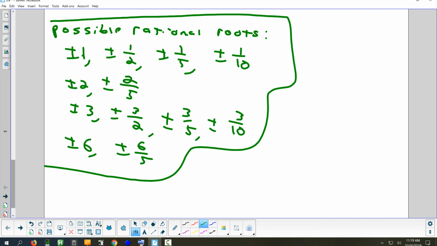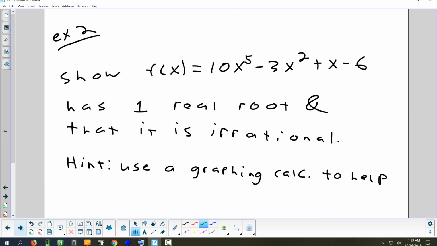But if it does, I guarantee you it's one of those. Okay, so any questions on that? All right, so now I want to take that graph, plug it into the calculator, and prove that it crosses the x-axis only one time, and that where it crosses is irrational.